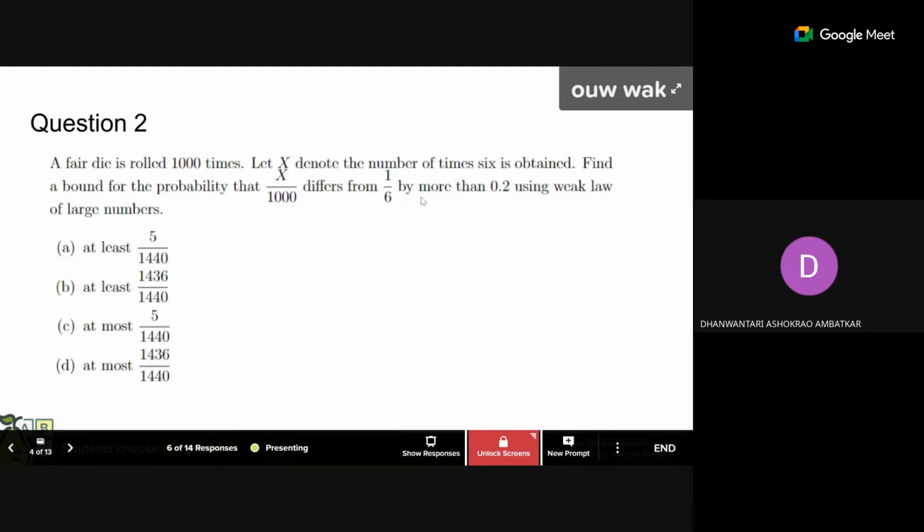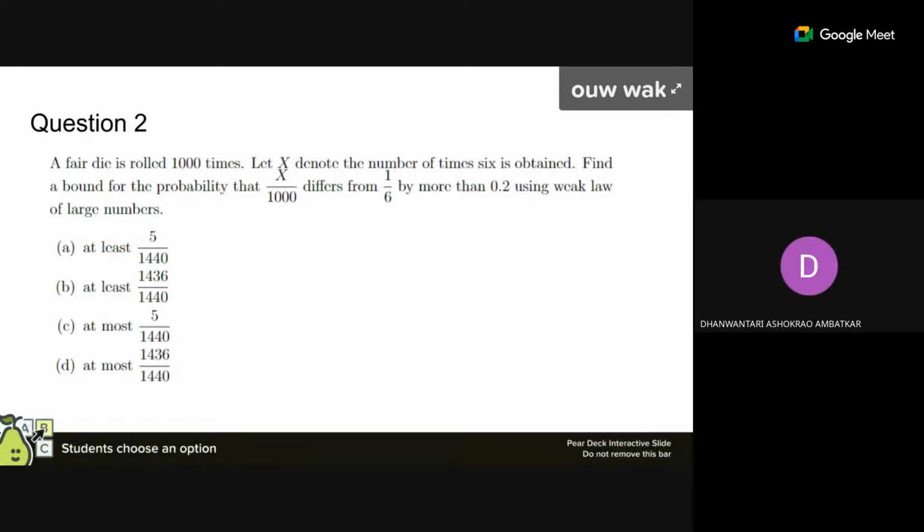Ma'am, the answer is A, right? No. Why at least? It's an upper bound, no? Once it's an upper bound, why would you say it's at least 5 by 1440? Your upper bound is at most 5 by 1440.